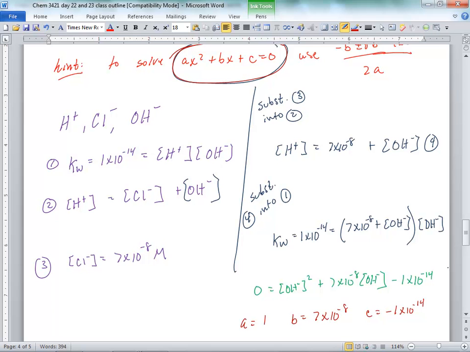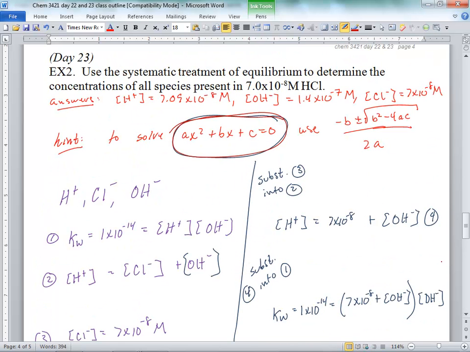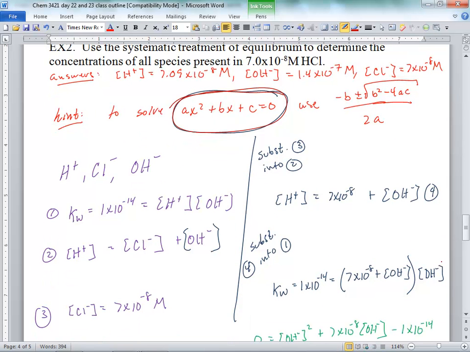I ended up getting an answer, but the answers are written up on top. Oh, they were. So did you see the numerical answers written up there? Wait, no. I got 1.32 times 10 to the negative 7 instead of 1.4.